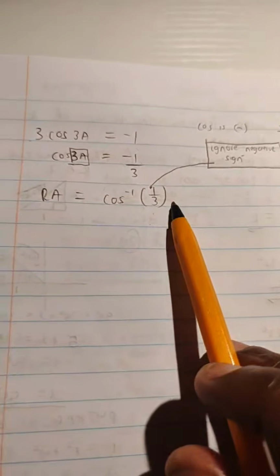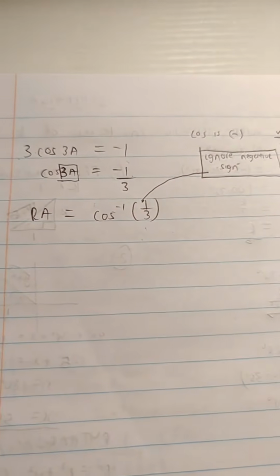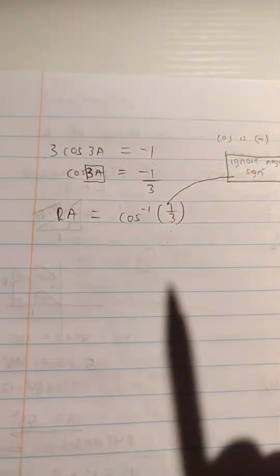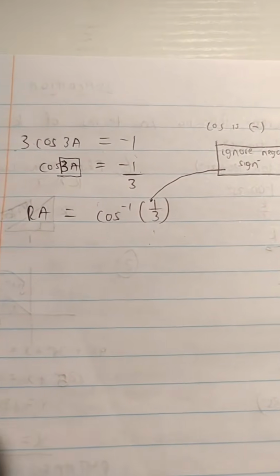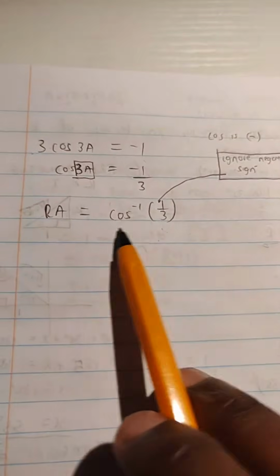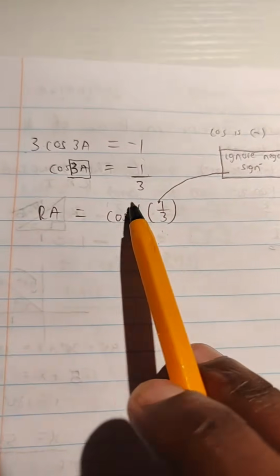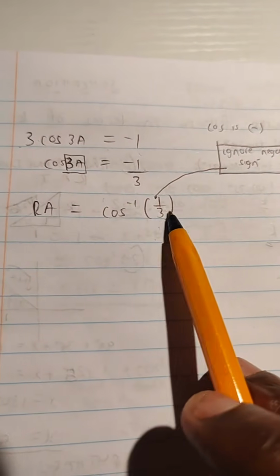So for the purpose of the reference angle and us being obsessed with getting an acute reference angle, we ignore that negative sign and we say arc cos of 1 over 3 is what? Grab your calculator.